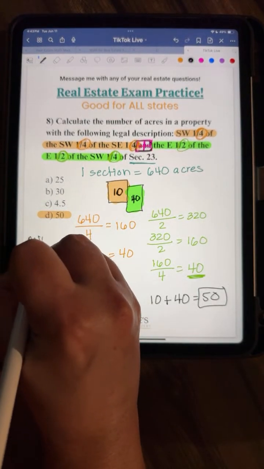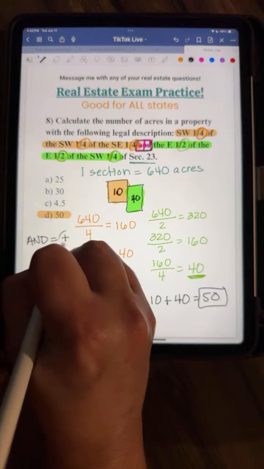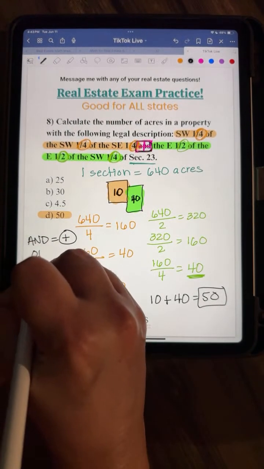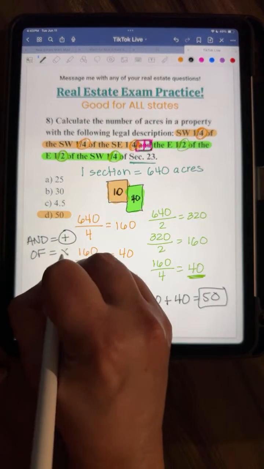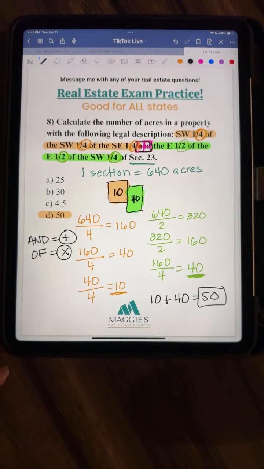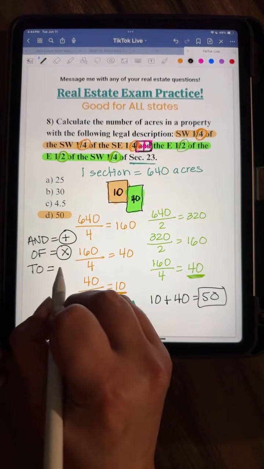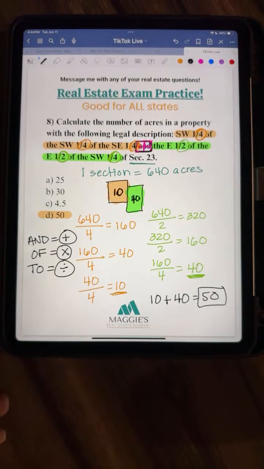"And" is to add. "Of" is multiply. "To" is divide.